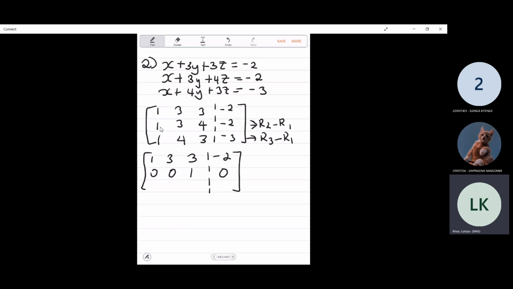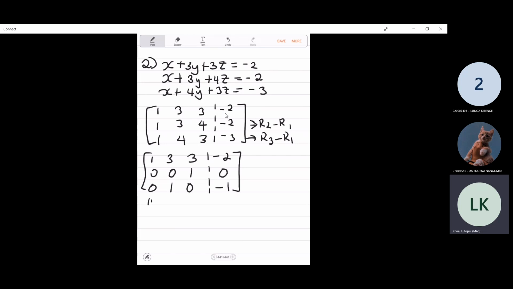And same thing here, 1 minus 1 is 0. 4 minus 3 is 1. 3 minus 3, this is 0. Minus 2 minus negative 2, this is minus 1.